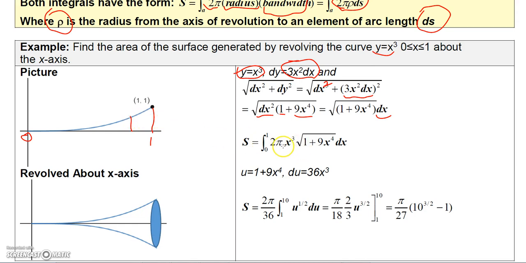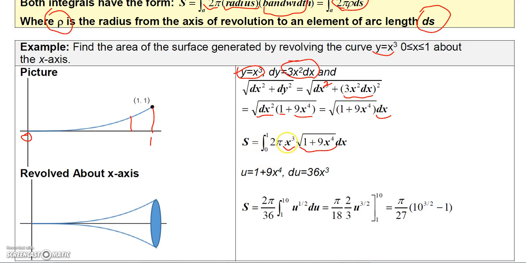So I'll put the x cubed in there, and then of course I also need the length of the arc, which is where this comes in. So this is the length of the arc, and then I'm going to integrate it from x equals 0 out to x equals 1.